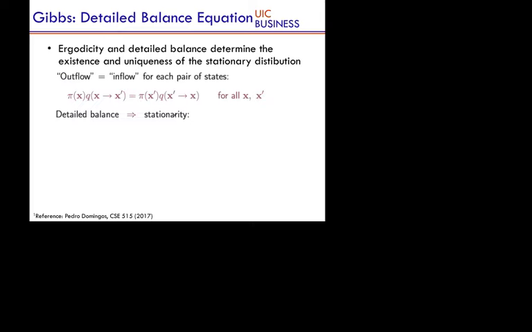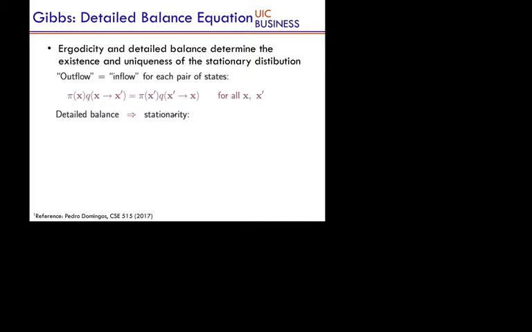So what is detailed balance? The detailed balance condition is as follows. If there is a stationary distribution, let's call it pi of x, then the probability of me being in state x, times the probability that I'll transition to state x prime, this joint probability, is going to be equal to the probability of me being in state x prime and transitioning from x prime to x.